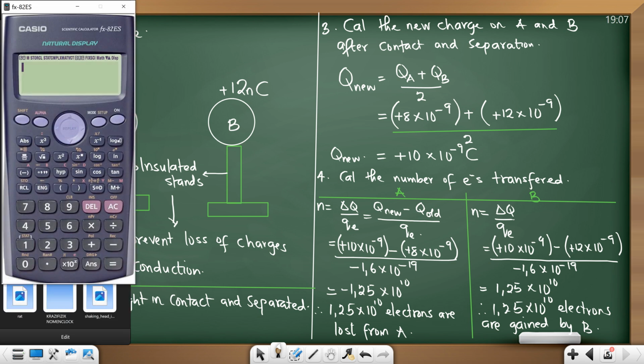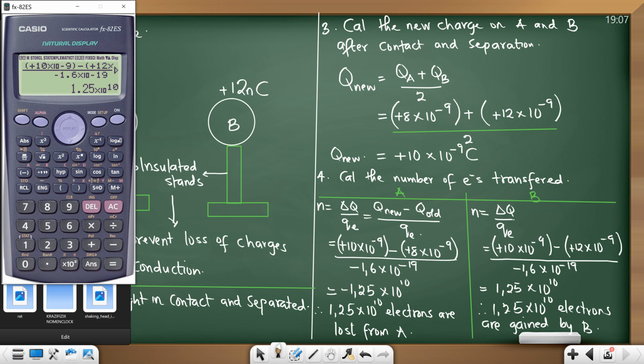Keep writing. I'll just do the calculation for you. Positive 10 times 10 to the power negative 9 minus positive 12 times 10 to the power negative 9. I'm doing the calculation for you so that you focus on writing, and then we move to the power negative 19. My answer is a positive.